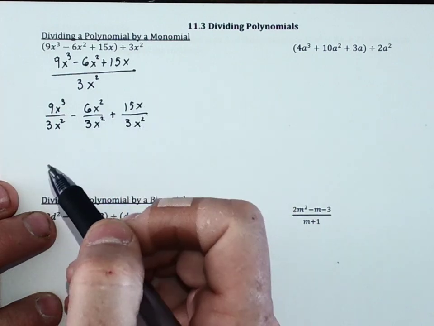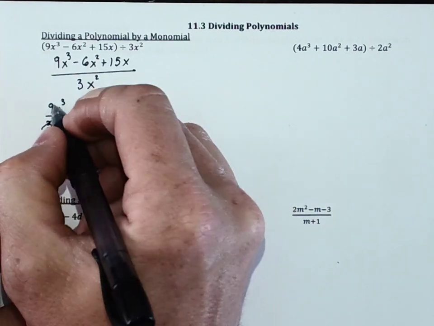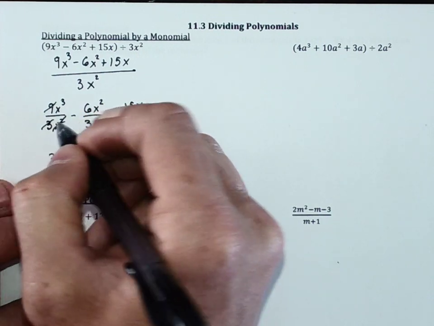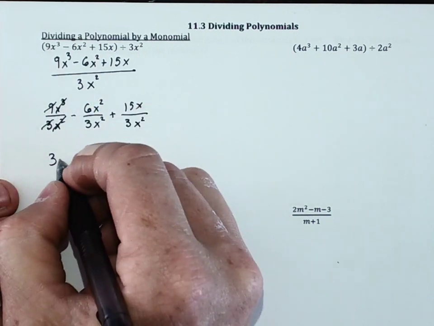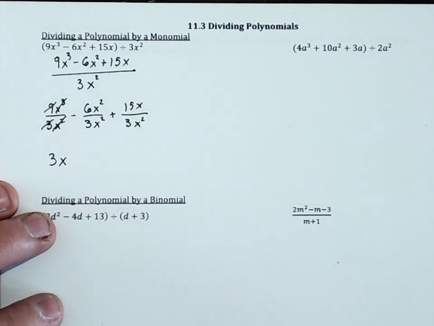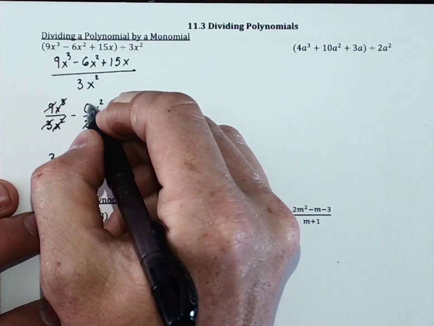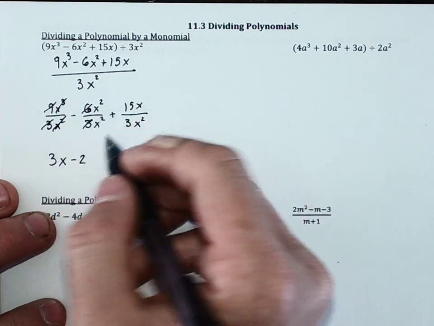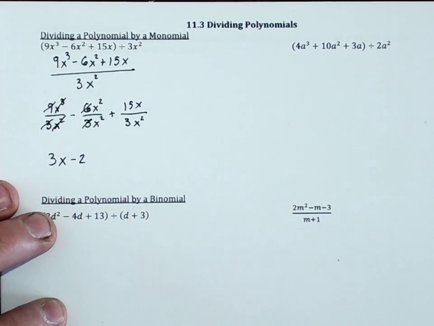But because I can separate them all out entirely, now you will recognize that each of these is actually reducible. 3 divides into 9 3 times, and x squared divides into x cubed, leaving just x. 3 divides into 6, making it a 2, and x squared is just 2.